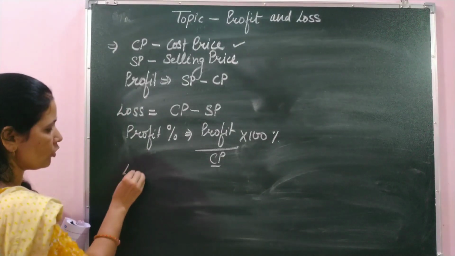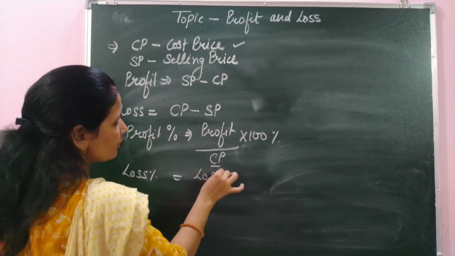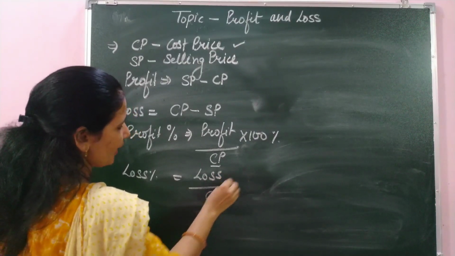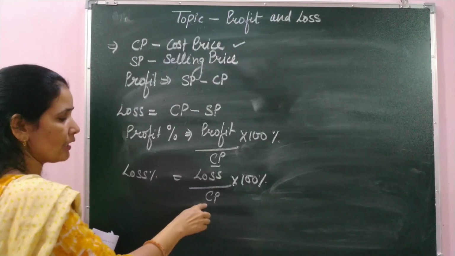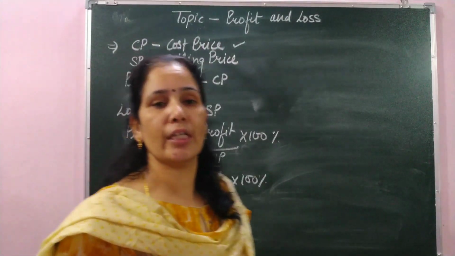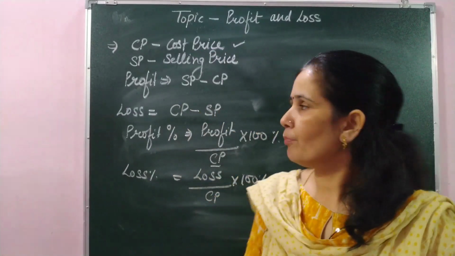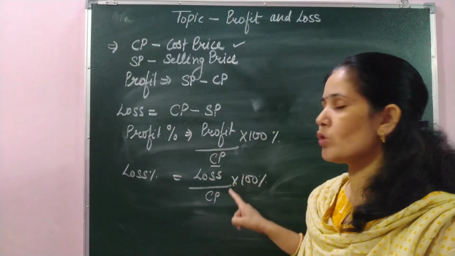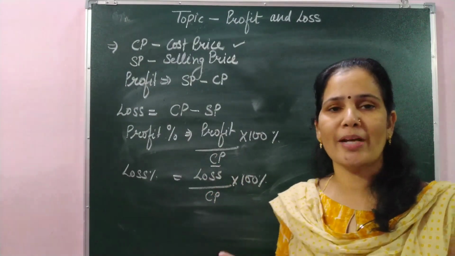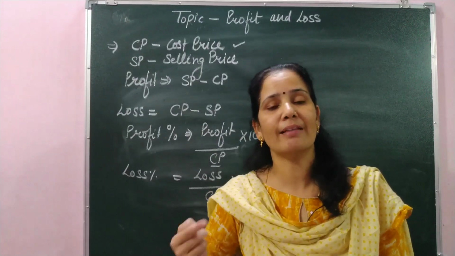To find the loss percentage, always loss divided by cost price and multiplied by 100%. So students, in both cases we have taken cost price only. I repeat again, always keep remembering that to calculate profit percentage and loss percentage we take cost price, meaning the price at which we purchased the product.